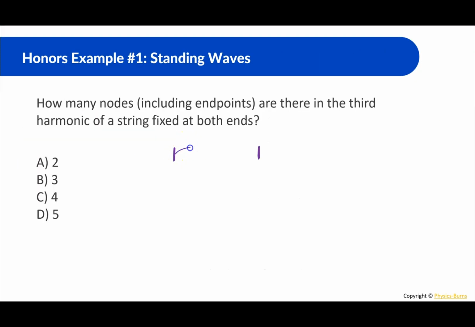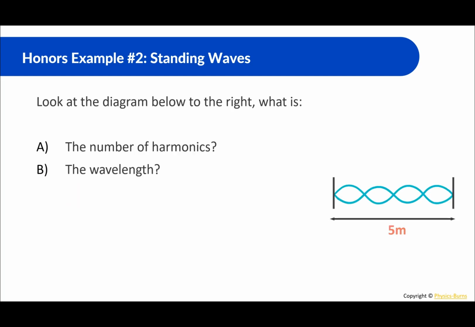It's going to look something like pretty much like that. Not the best at drawing, as you all know by now. And then it's going to go back the other way. So, how many nodes, including endpoints? Oh, so 1, 2, 3, 4. 4 nodes and 3 antinodes. Okay. All right, moving on.